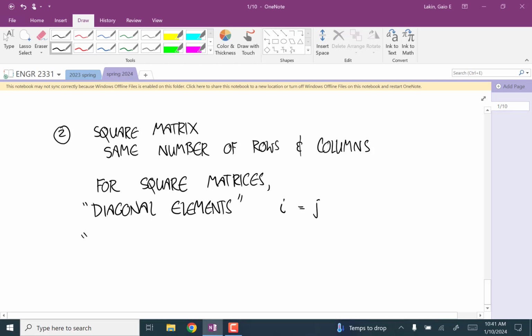On the other hand, anything that's not diagonal is called an off-diagonal element. And those are the ones where i is not equal to j.